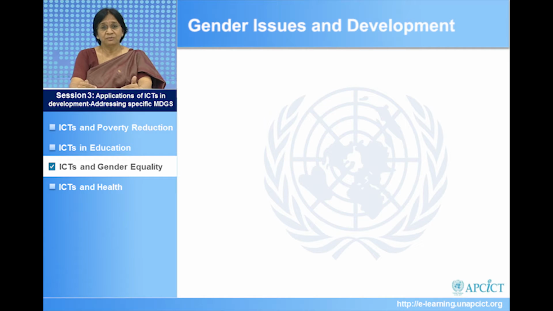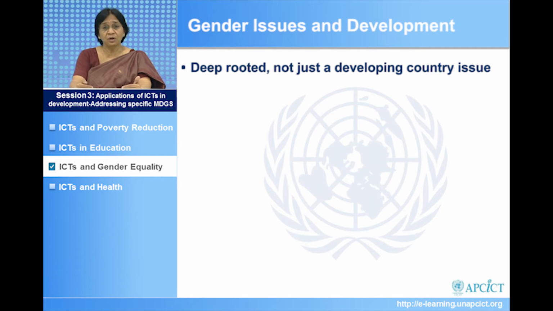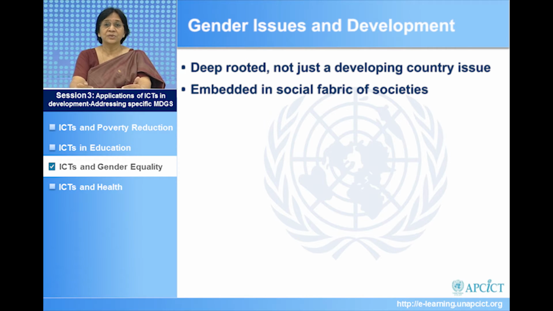We read all kinds of books, but what we have to understand is that gender issues, which relate not to male and female, but to the roles that men and women are ascribed in a particular society, are very deep-rooted, and this is not only in developing countries. This is an issue as much in developed countries as it is among the poor. Gender issues are embedded in the social fabric of societies and have come from generations and hundreds of years. They're not easy to deal with or to remove.